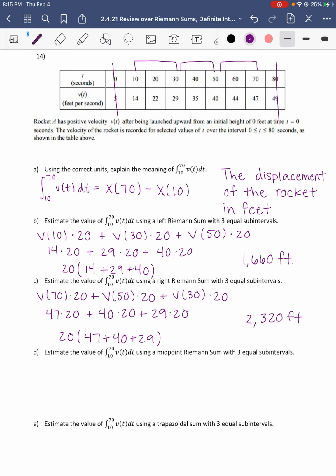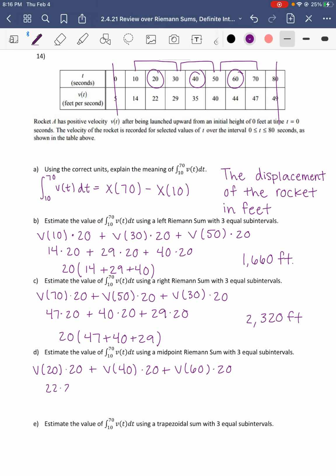Now for midpoint, we're going to be using the 20, the 40, and the 60 because those are our middle values. So we would have V of 20 times 20 plus V of 40 times 20 plus V of 60 times 20.